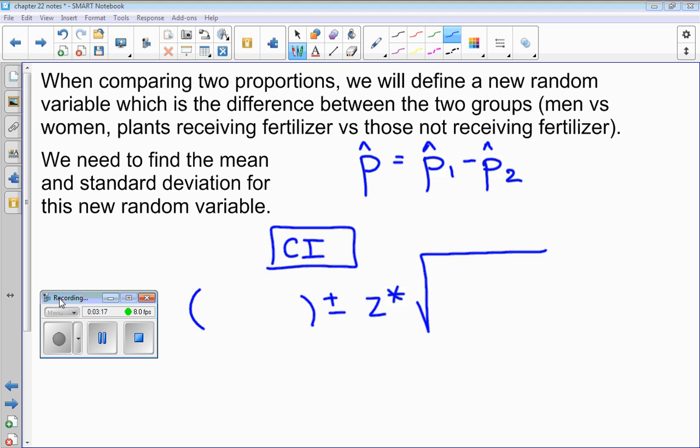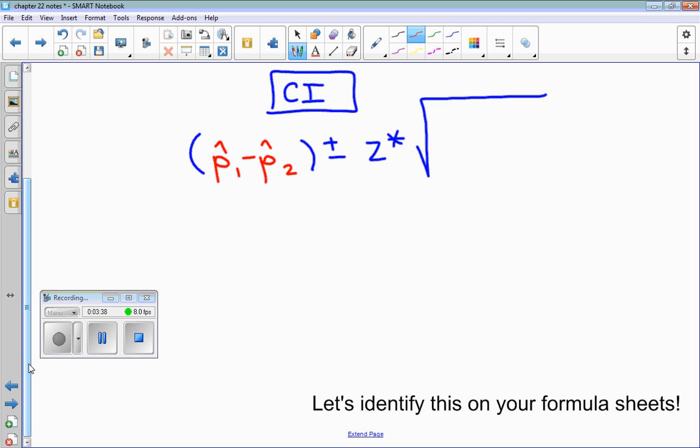What normally went here when we did the one proportion z interval? P-hat, right? That was if we had one sample. So what's going to go here when we have 2? Yeah, p-hat, the difference between the 2. Perfect. So we're just going to write that in. Just the difference between our two sample statistics.